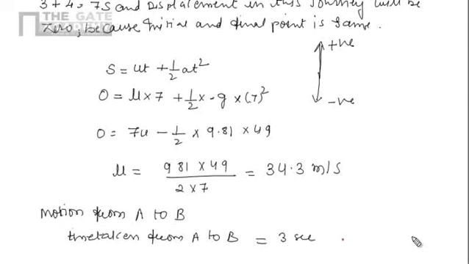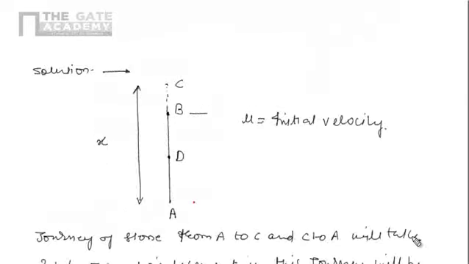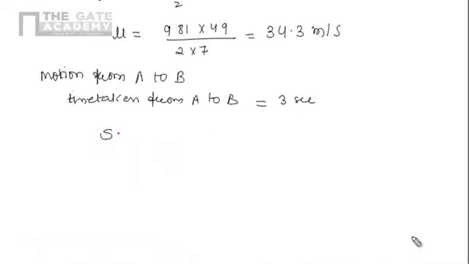It's given, so we can easily find out the displacement, the position of B with respect to A. Suppose the position of B with respect to A is S. It's a motion under gravity, that is motion with uniform acceleration, so we can apply S equals ut plus 1 by 2 at square.